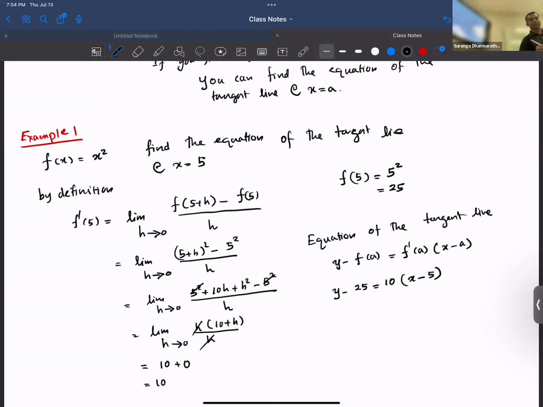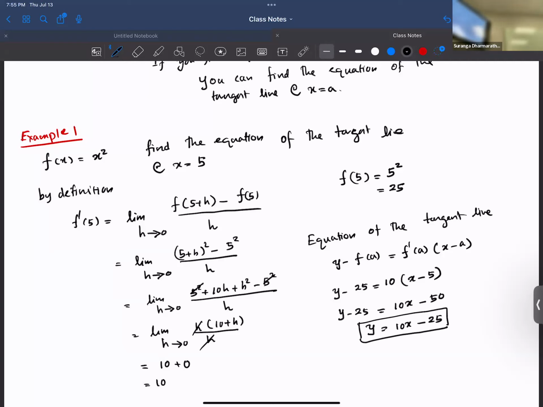Right? So that's the answer. And then you can simplify this a little bit: 10x minus 50, and then you have y minus 25. So you have y equals 10x minus 25. The equation of the tangent line.